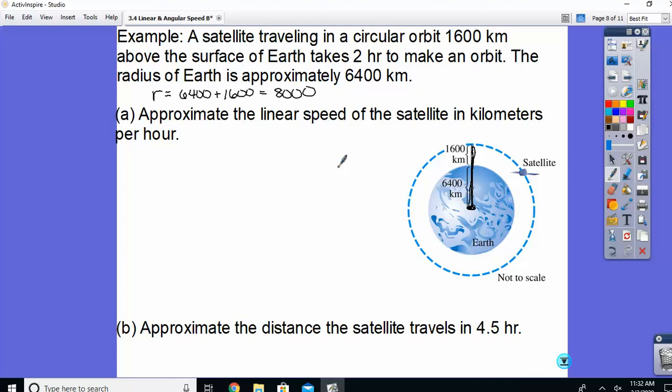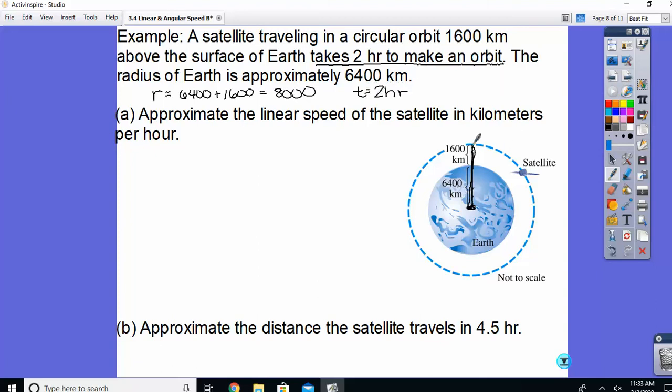Did I give you any other information? I told you that it takes 2 hours to make an orbit. So 2 hours, that's like a time, right?